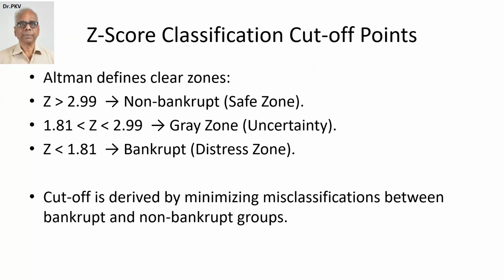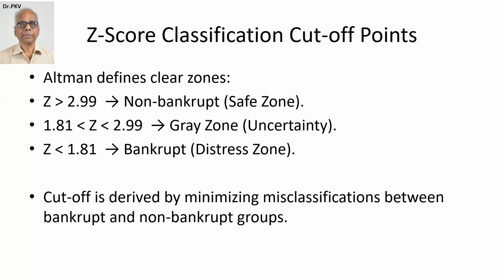Altman developed cutoff points for the Z score. If Z is greater than 2.99, predict non-bankrupt, that is a safe zone, very safe. If Z is between 1.81 and 2.99, it's the zone of uncertainty called the gray zone.